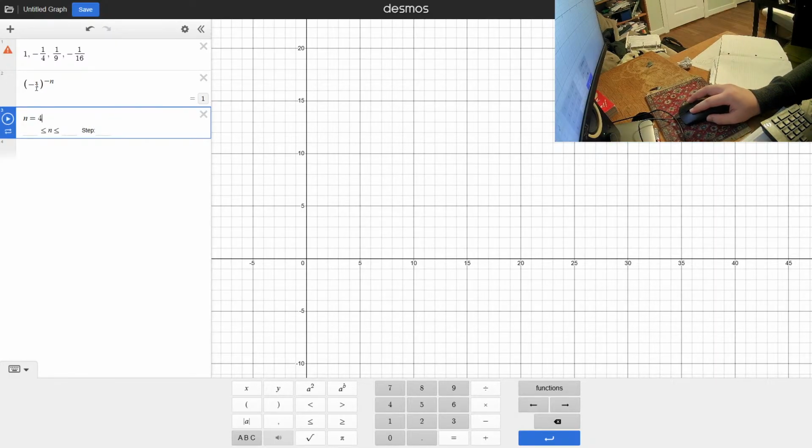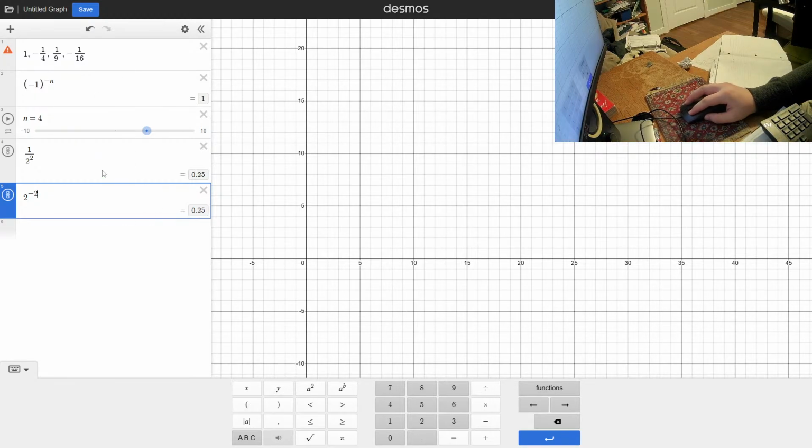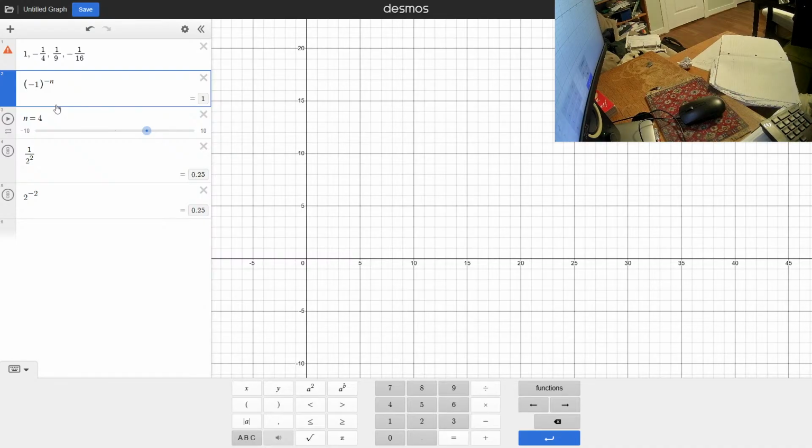So we have to find out what the value is. So what could I square? Could I negative square to get -1/4? Well, that's just 1 over 2 squared. So it's 2 to the -2. Wait, what? Why is it positive? If the answer is like right here, I know it is.